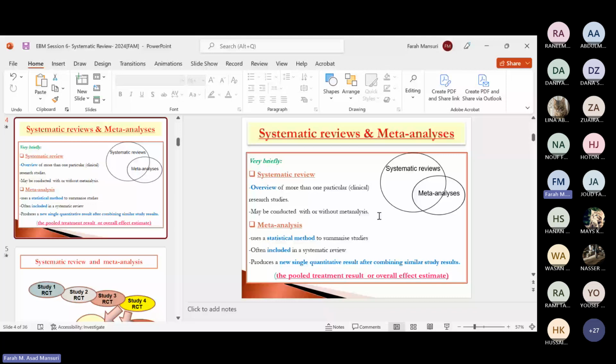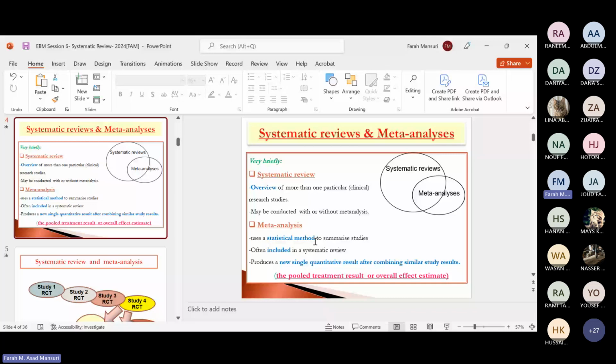So this can be done by performing a systematic review of randomized controlled trials and applying the meta-analysis. Meta-analysis is a quantitative analysis, and it has to be applied by different methods.